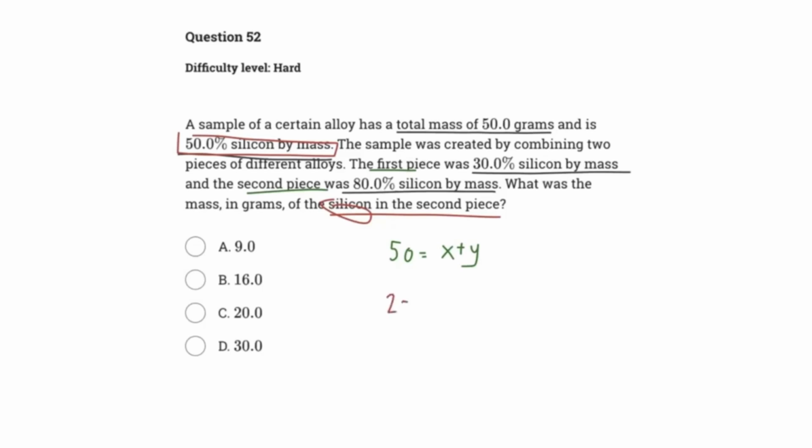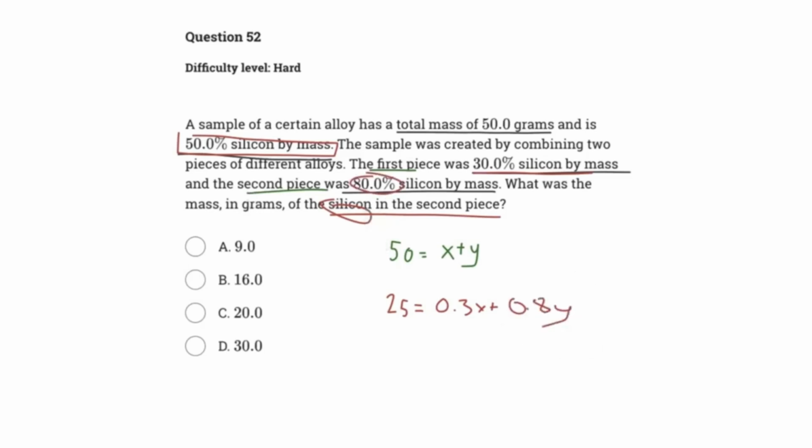Therefore, we can set 25 equal to, well, what are our other given variables? We have the first piece, which is 30% silicon by mass, right? So x is the total mass, and therefore now we only have 30% of that for silicon. So we got 0.3x, and now we've got to do the same thing for the second piece, which is 80%. So 0.8 times the total mass.